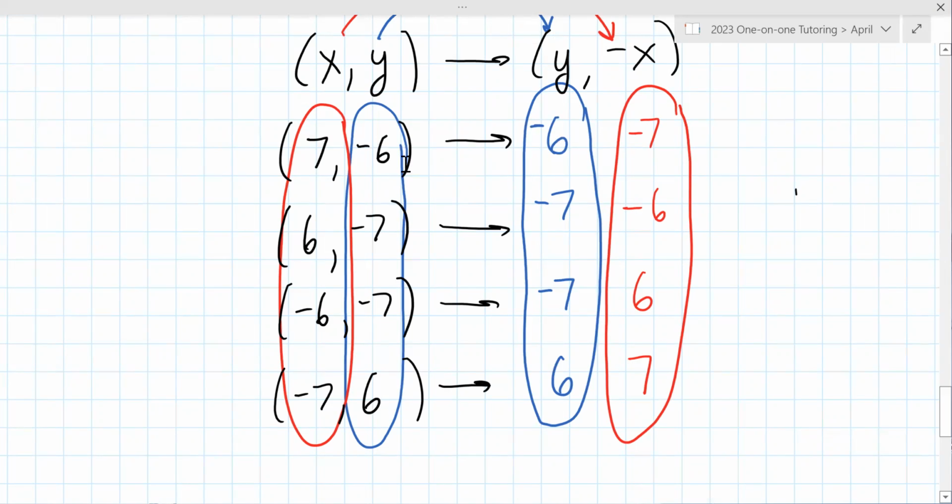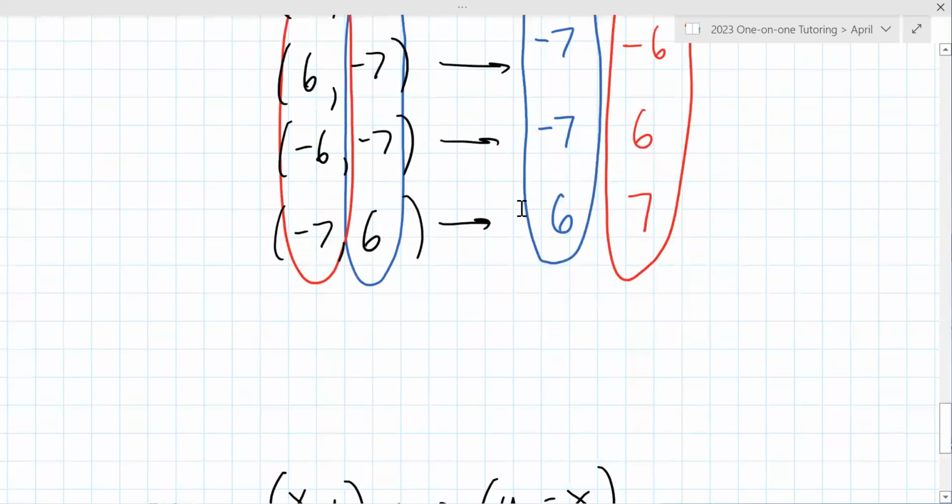How about -7 and -7? Are they the same? Yes. Okay, so notice the blue is the same as the blue. That's what y to y means, that they're the same.